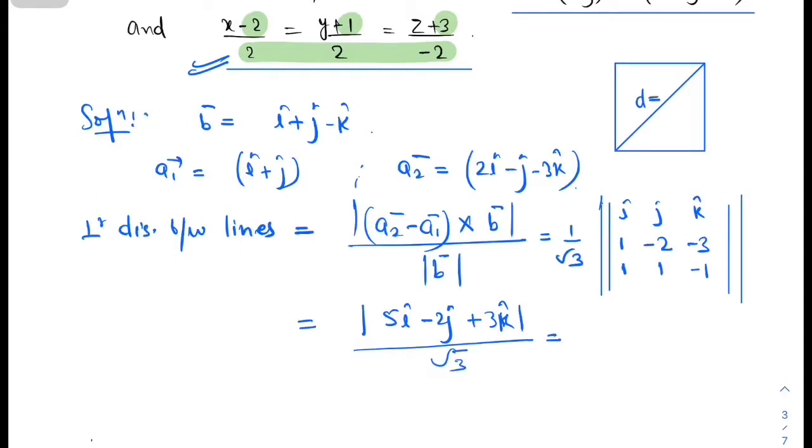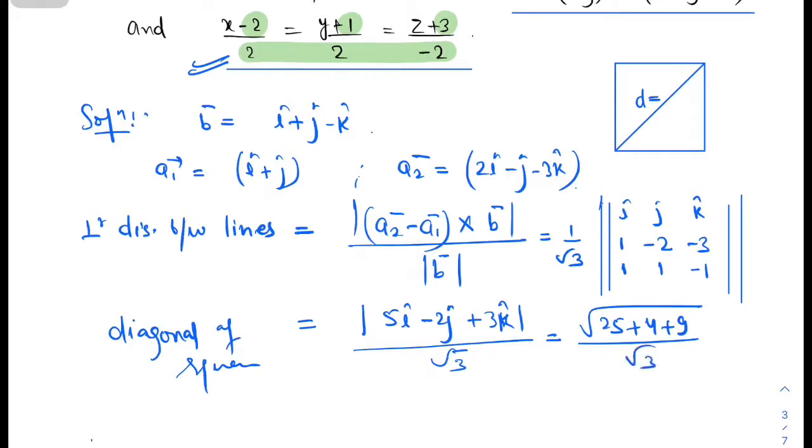So this perpendicular distance is basically the diagonal of a square. Okay, so this comes out to be root of 25 plus 4 plus 9 divided by root 3, which is what, root over 38 by 3.